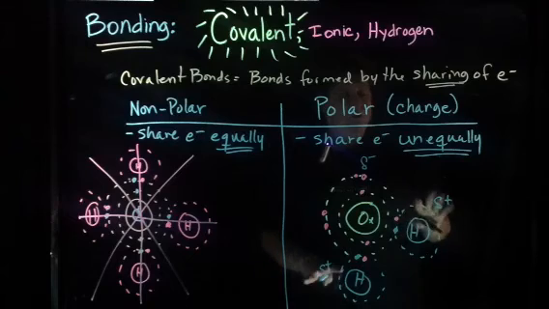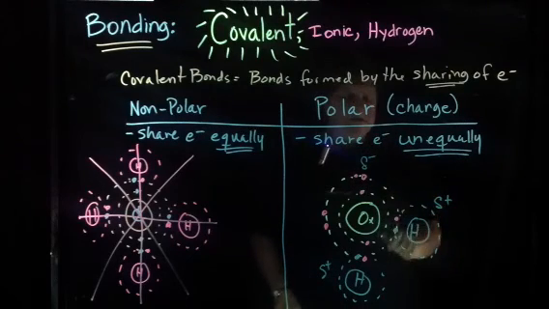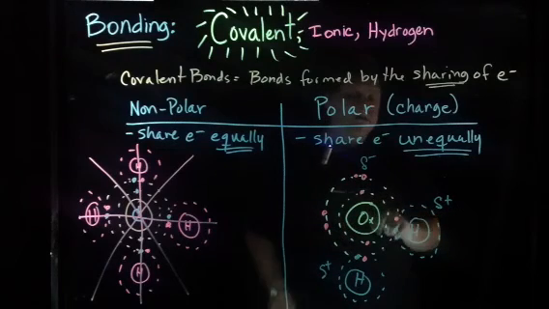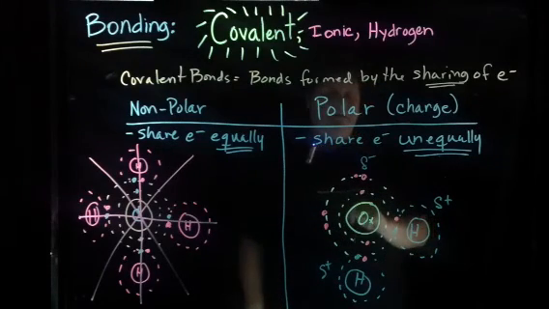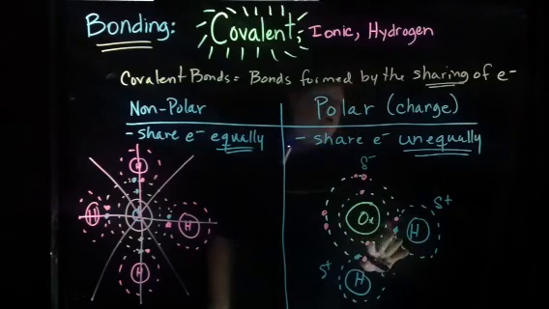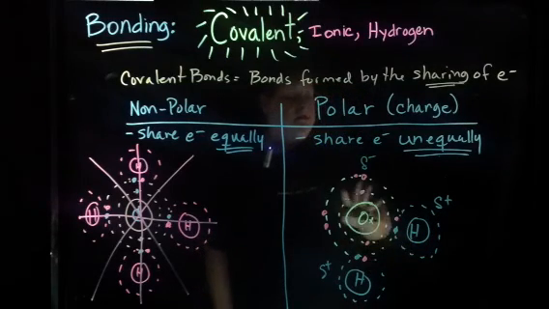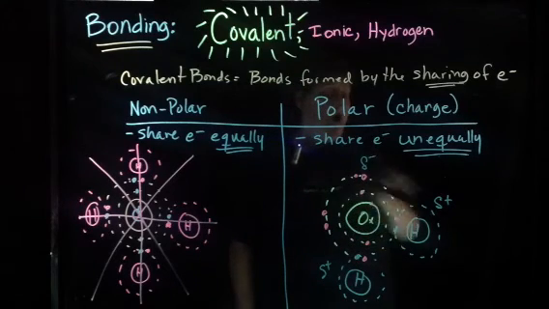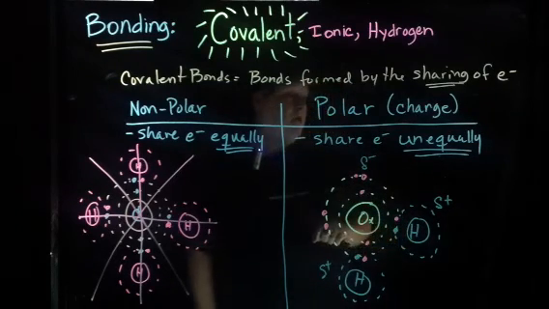So this gives water its polar characteristic, even though it's bonded to the 2 hydrogens and the oxygen through a covalent bond. So because these are shared unequally, the elements within the molecule are going to have a partial charge.